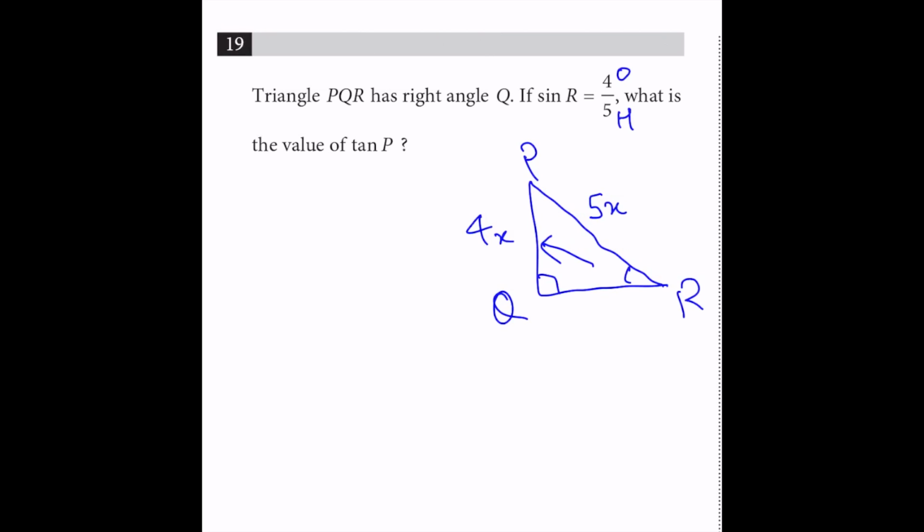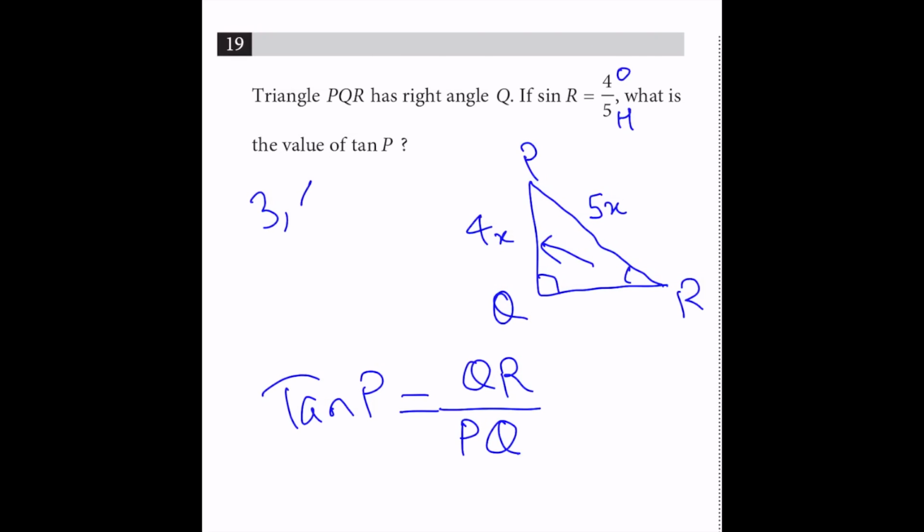Now you have to find tan of P. So tan of P is opposite over adjacent. So that would be QR over PQ. For SAT math, you should remember the basic triplet for the right angle triangle, which is 3, 4, 5. So if you have 5 as the hypotenuse, then you can have 4 and 3 as the other sides. So in this triangle, it will be 3x.